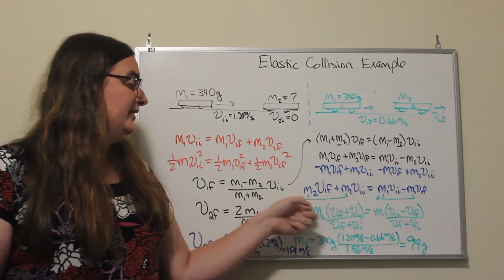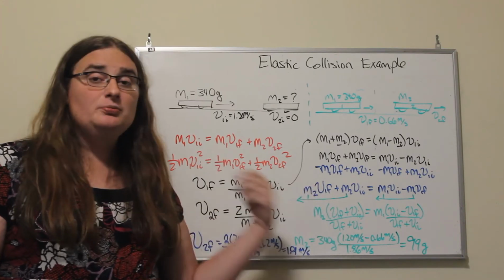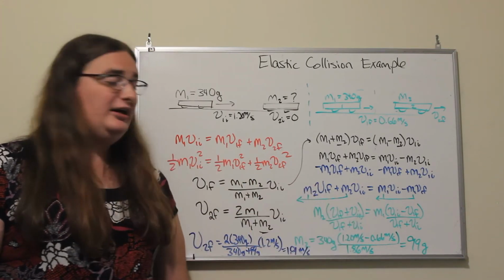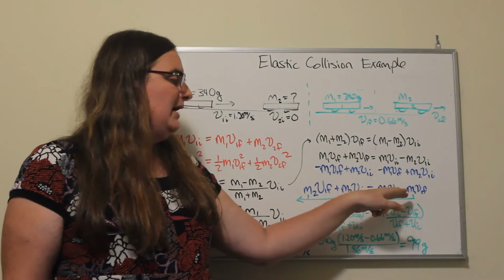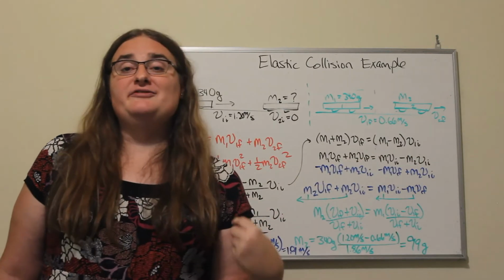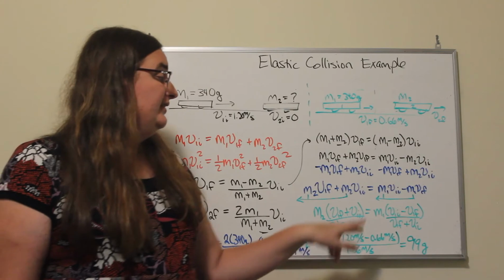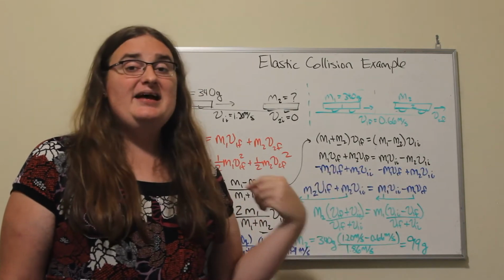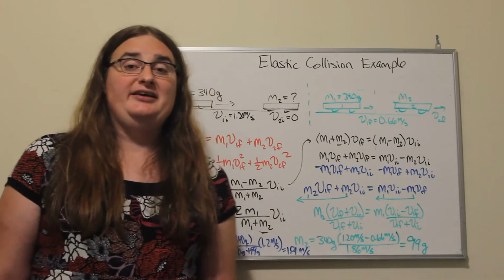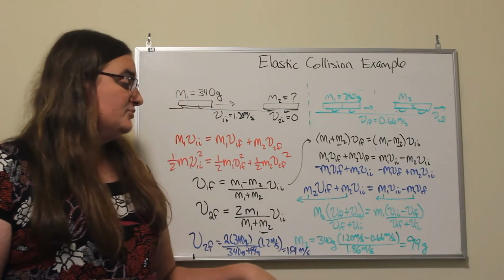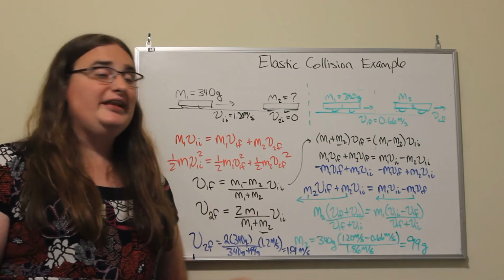Well, I could distribute out that m2 to say m2 times the quantity v1 final plus v1 initial is going to equal m1 v1 initial minus m1 v1 final. I can distribute out m1 to say that the right-hand side is m1 times the quantity v1 initial minus v1 final. So to solve for m2, I just divide by the sum of the initial and final velocity of object 1.